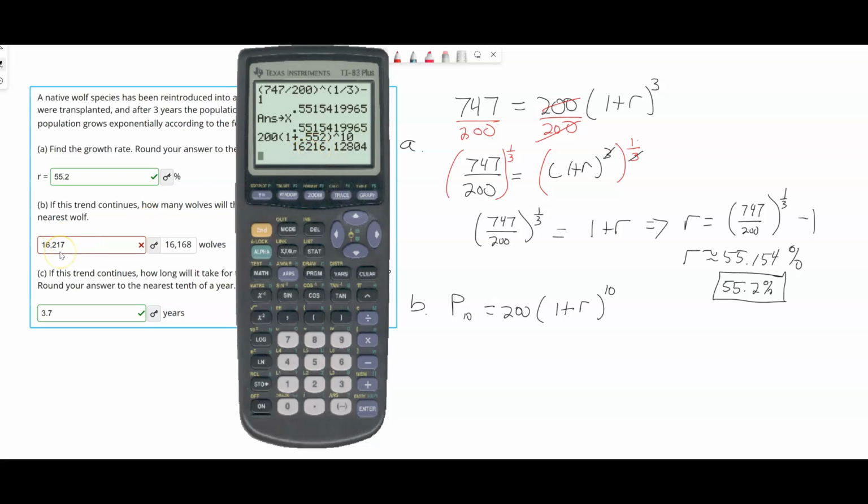The rounding up is a mistake in rounding, but it's all a mistake compared to how many wolves there should actually be based on this model.